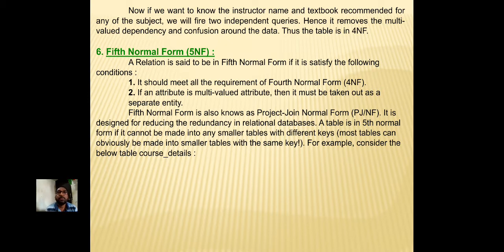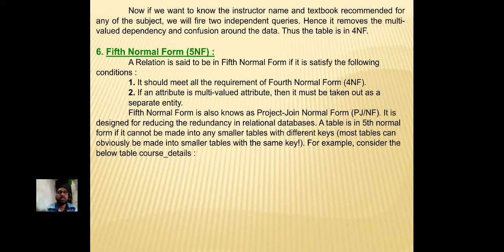Sixth is fifth normal form, 5NF. A relation is said to be in fifth normal form if it satisfies the following conditions. First, it should meet all the requirements of fourth normal form, and second, if an attribute is a multi-valued attribute, then it must be taken out as a separate entity.